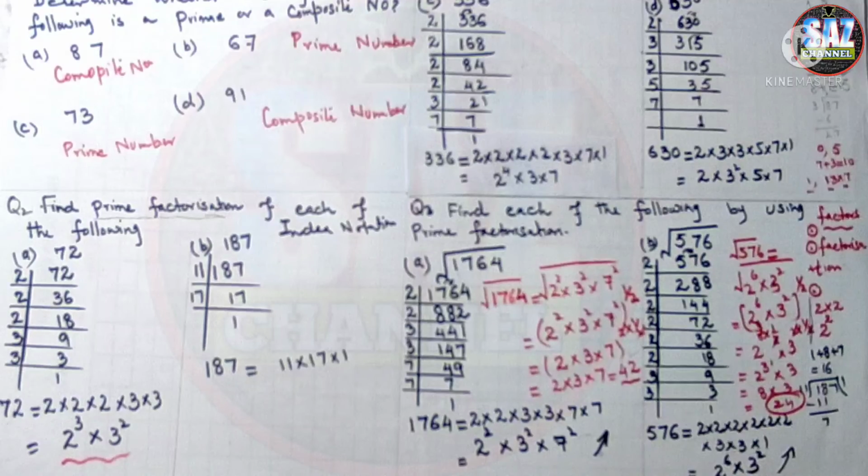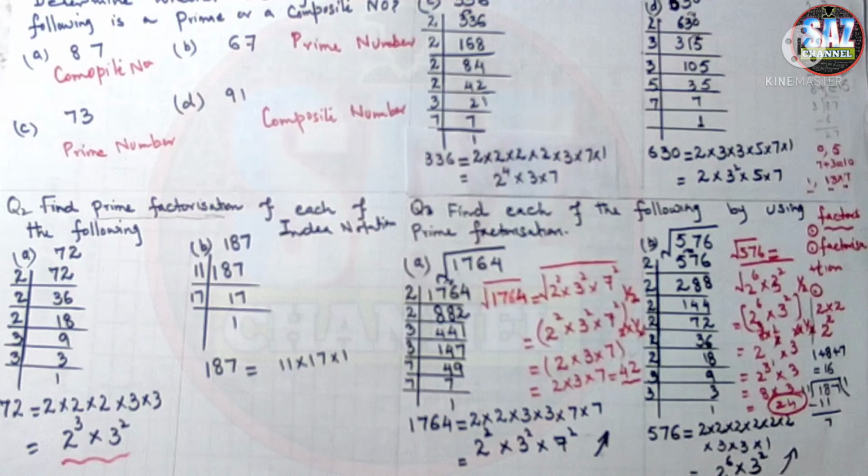Then we found the prime factorization of the given numbers, expressed numbers in index notation, and learned how to find the square roots of different numbers. The technique for finding the square root of any number is that if a number is a perfect square, then the index of each prime factor must be a multiple of 2.